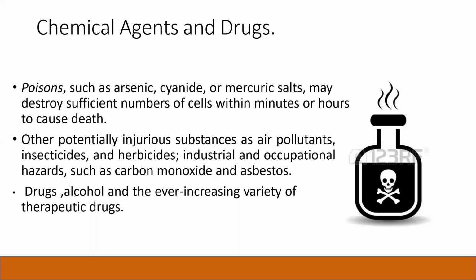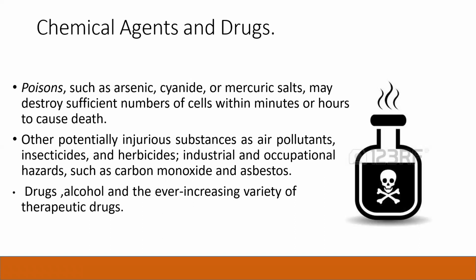And the next cause of cell injury is chemical agents, some drugs, some alcohol, or some poison such as arsenic, cyanide, mercury, salt, which may destroy a sufficient number of cells within minutes or hours to cause death.